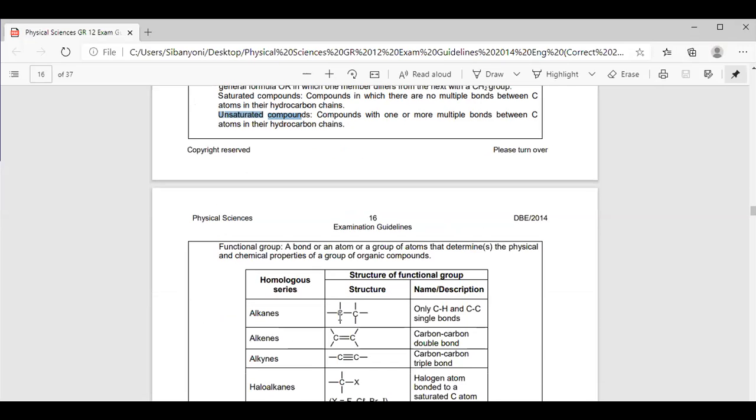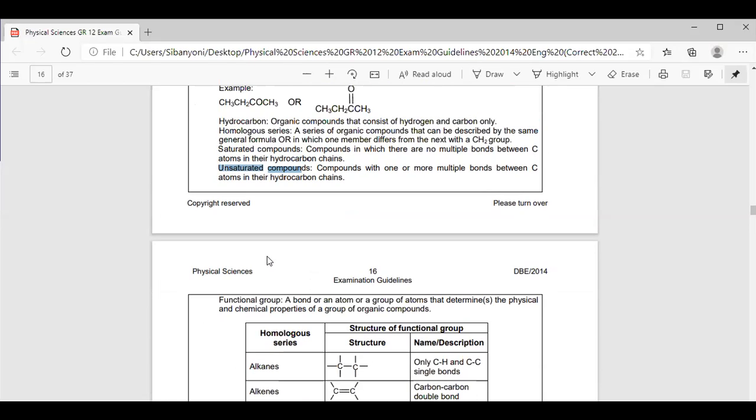So we are just going through a brief overview of what the examination guidelines want us to know, and then we will be able to move into questions. Then, my dear learners, you must know how to define the term functional group. You need to know how to define that particular term.